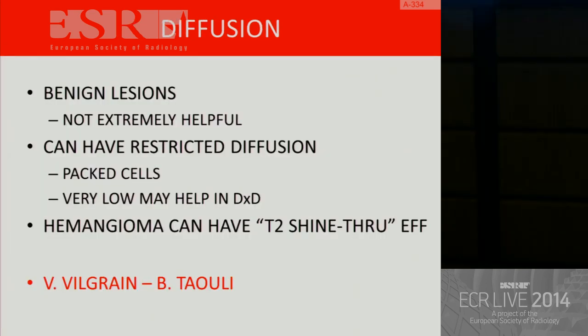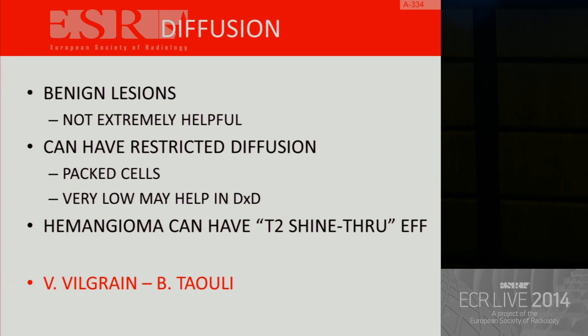How about diffusion in benign hypervascular lesions? It is not extremely helpful, but it can help you to rule out pseudo lesions like fat sparing, as shown by our moderator in a radiology article. And if you want to have more information, you can look at Dr. Villigrain's and Towley's and Dr. Muco's articles.